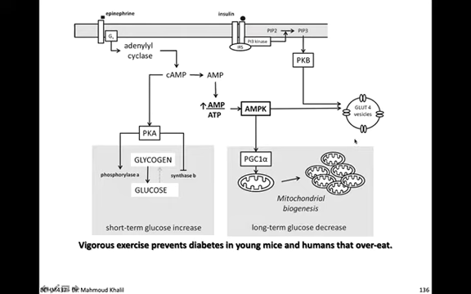But as well, the GLUT4 vesicles need signals coming from a kinase called AMPK, adenosine monophosphate kinase, and this AMPK is only activated when the ratio of AMP over ATP increases. That means there is a burning out of the ATP existing inside the cell.